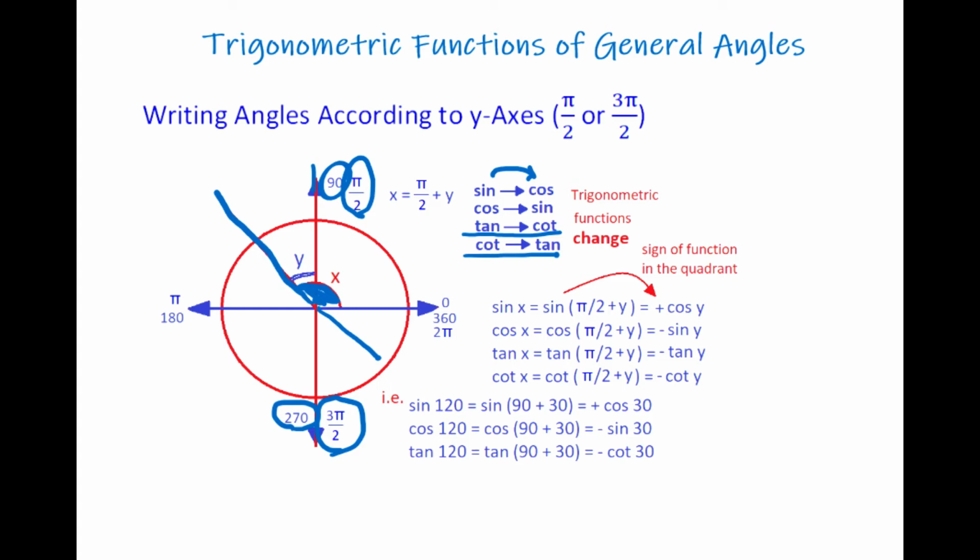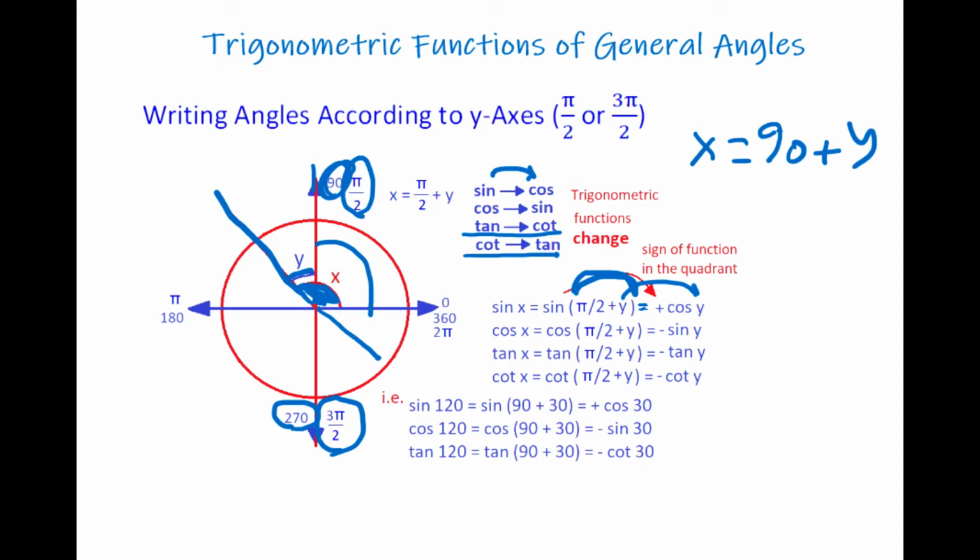And how can we write this x by using now 90 or pi divided by 2, the y-axis? Suppose that this is y, right? So we can say that x is, this is already 90 or pi divided by 2, right? We can just put one of those, 90 plus y, or pi divided by 2 plus y, as I put it here. So sine x is sine of pi divided by 2 or 90 plus y, and that is equal to, guys, that y comes here, but sine becomes cosine.